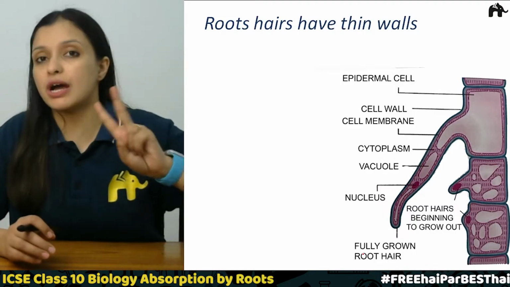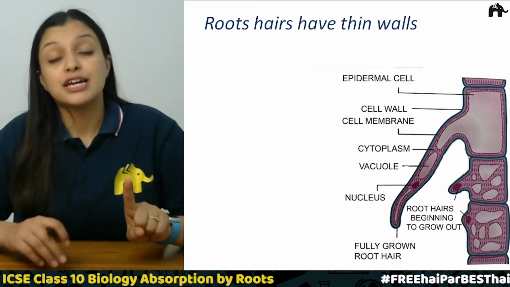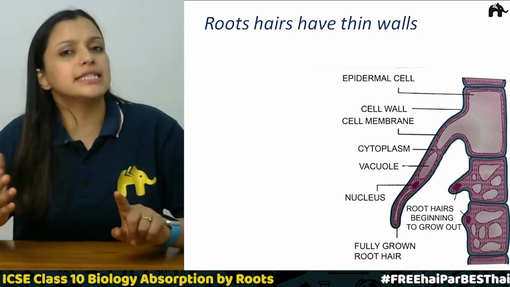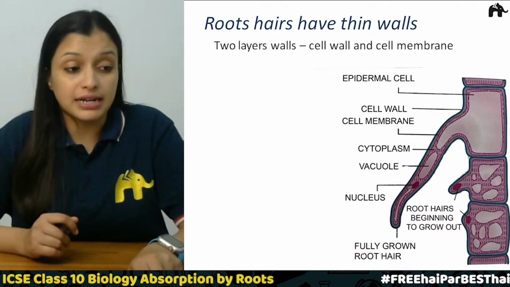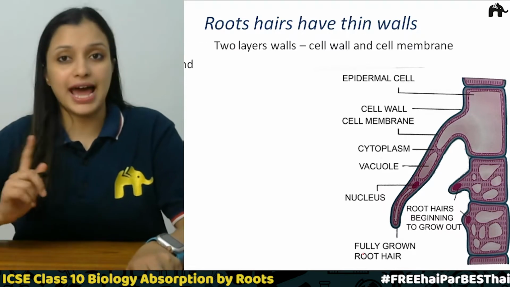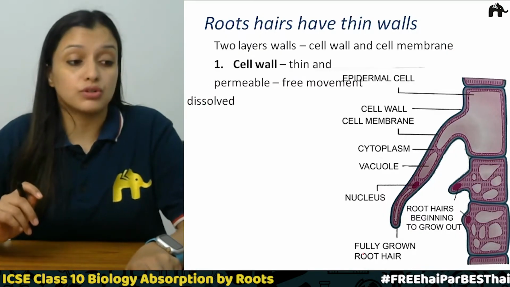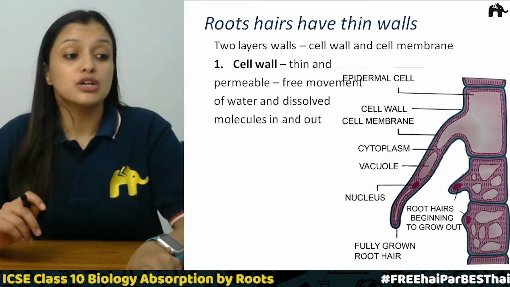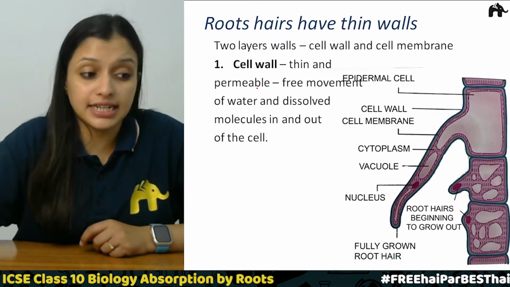So there are two coverings basically, but in case of an animal cell there is only one, the cell membrane, and the cell wall is absent. So in case of plant cells there are two layers, the cell wall and the cell membrane. And talking about the cell wall, this cell wall is thin and it is permeable.